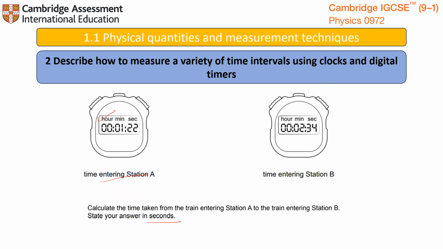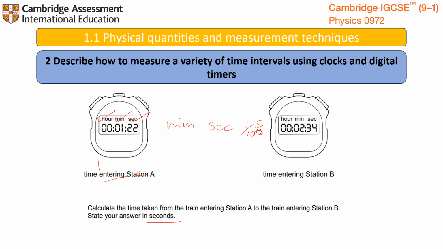Here the first digit is hour, the second digits are minutes, and the third digits are seconds. In the previous problem the first digit was minutes, the second digit was seconds, and the third digit was 1/100th of a second. So here it is hour, minutes, and seconds. So we'll do the same thing. We'll just write it down in seconds.